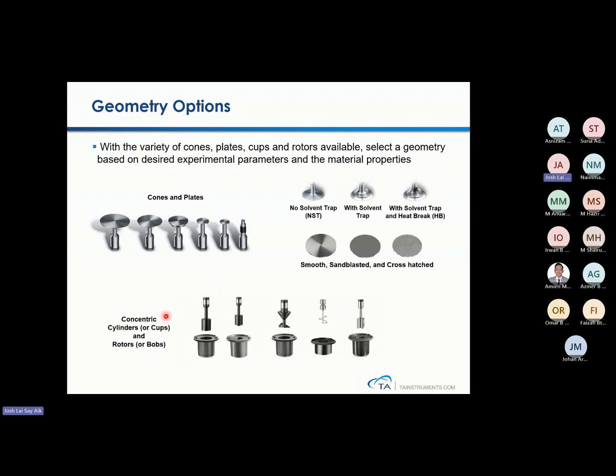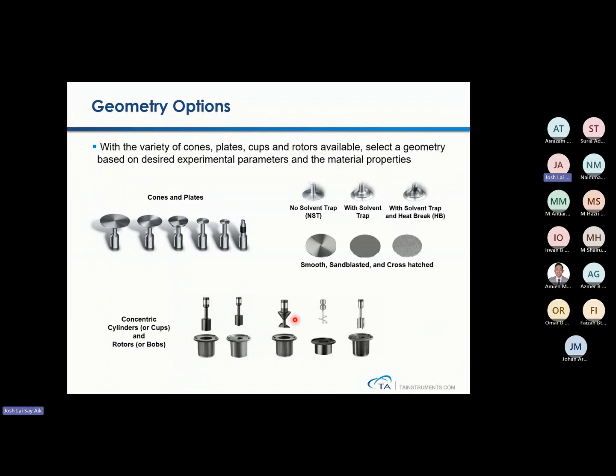For concentric cylinders, we have multiple selections of the vane rotor, helical rotor, starch pasting rotor, cup and bob rotor, single wall, and also double wall. Double wall is typically for extremely low viscosity samples, below 1 centipoise, like water. For samples like oil, Newtonian oil, you can go for cup and bob.